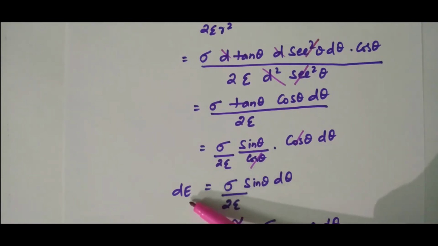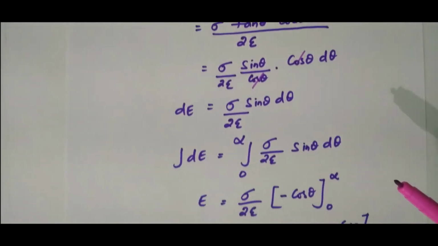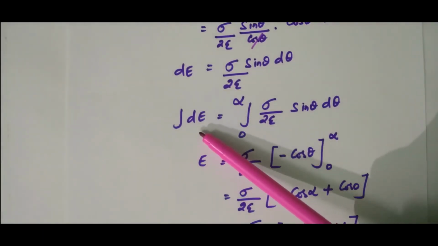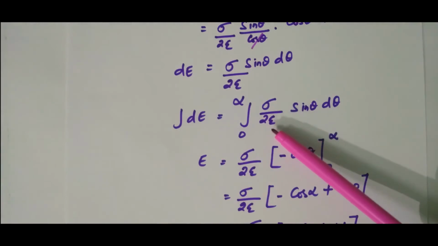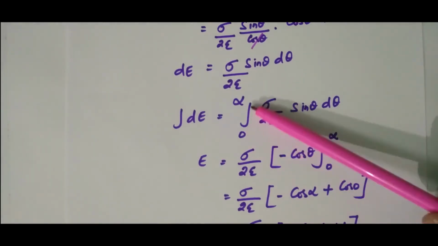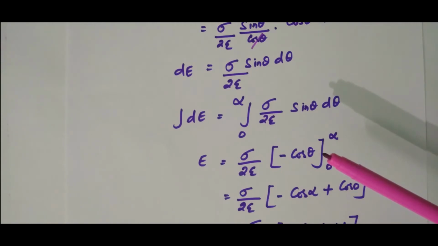So this is due to a small charge. By integrating on both sides, we'll get the total electric field intensity. Now we'll go for the integration. So integral dE equal to integral sigma divided by 2 epsilon sin theta d theta. What is the limit for this integration? We need to consider the entire radius of the disk, which is a meter.